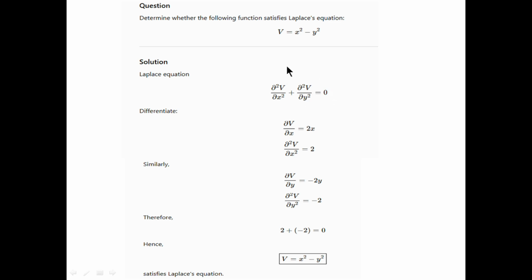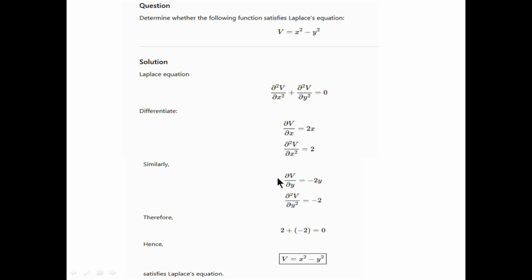Now we have to take the second derivative of the potential with respect to x, and also the second derivative with respect to y. The first derivative of the potential with respect to x is 2x, and the second derivative with respect to x is 2.